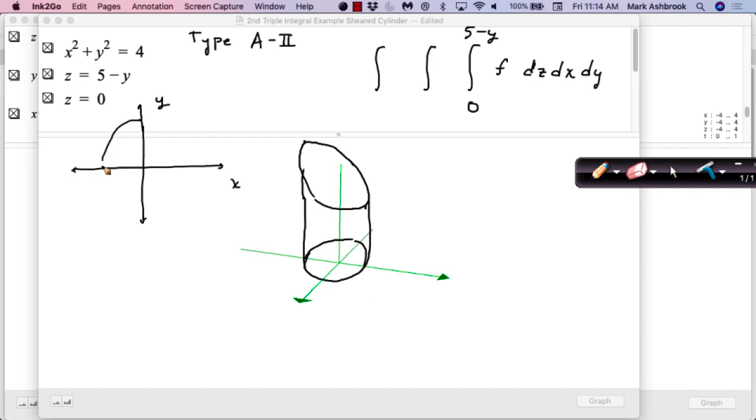And the radius is? Okay, so then type 2 is dx dy, left to right, bottom to top.